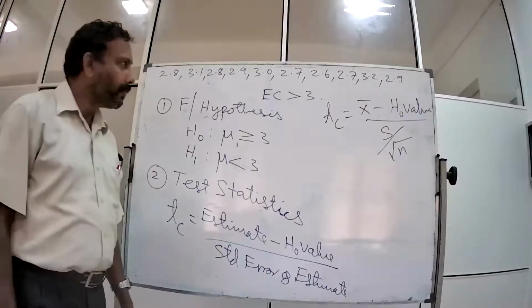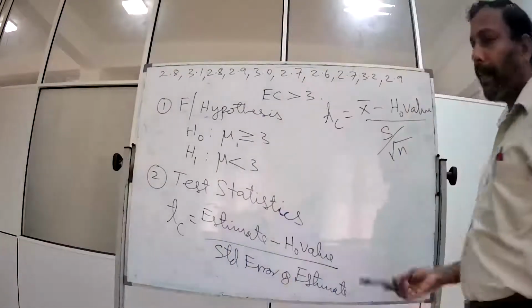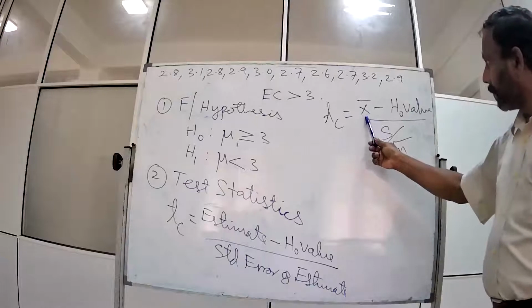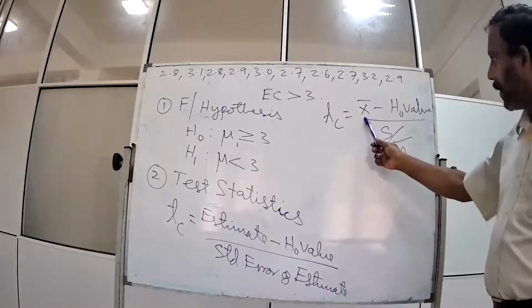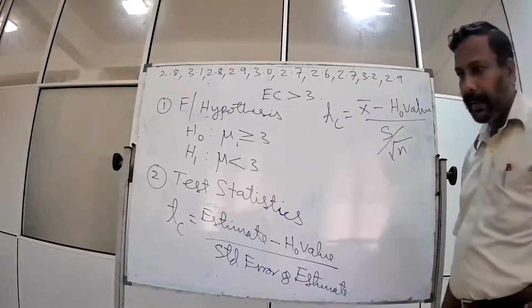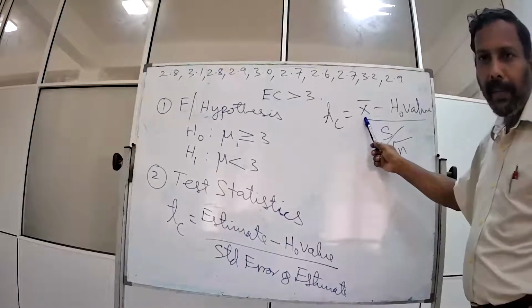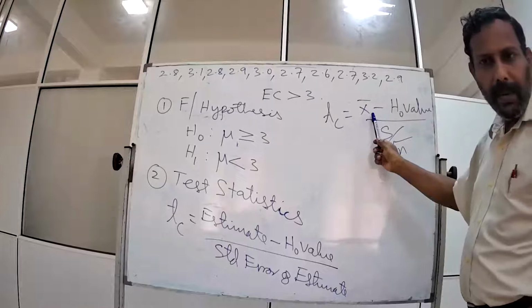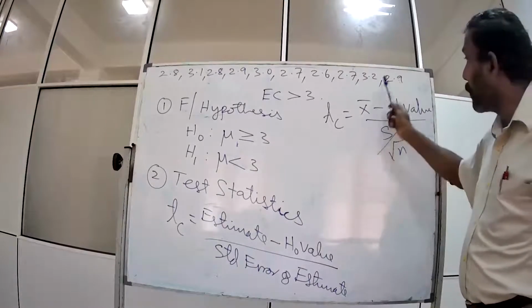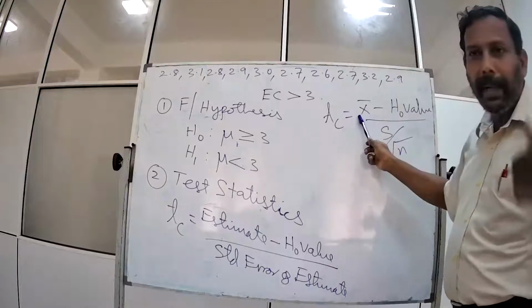Now, what are the known factors here? Have you never seen something similar to this before? Sample means, sir. Right, so here we have the sample, and we can get the sample mean.